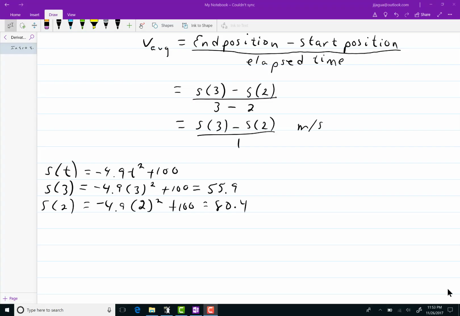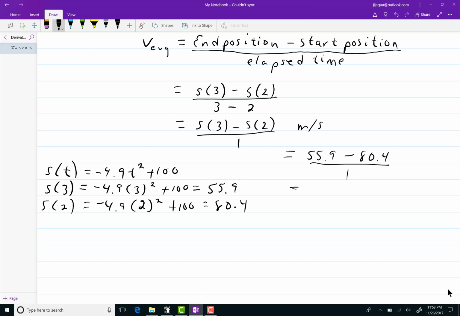So to get these numbers up here, I'll just plug them in. s of 3, that was the 55.9. The s of 2 was 80.4. Of course, the denominator was just 1 second.